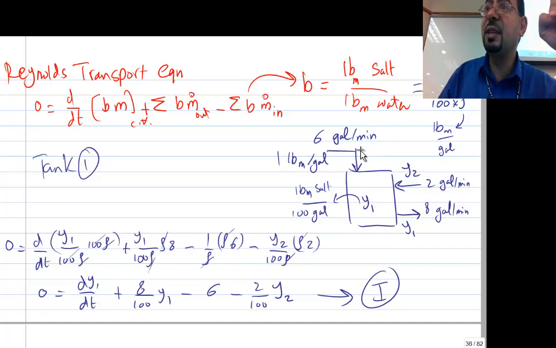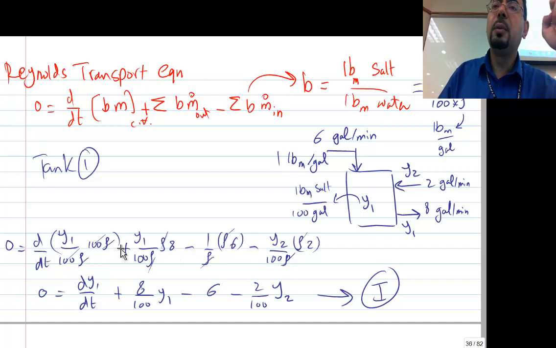The first tank has 6 gallons per minute coming in, 2 coming from the second tank, and 8 leaving to the second tank. So when you look at it, there are actually 2 inlets and 1 outlet. That's why it's 6 rho plus 2 rho, where rho is basically the density, pounds per gallon.